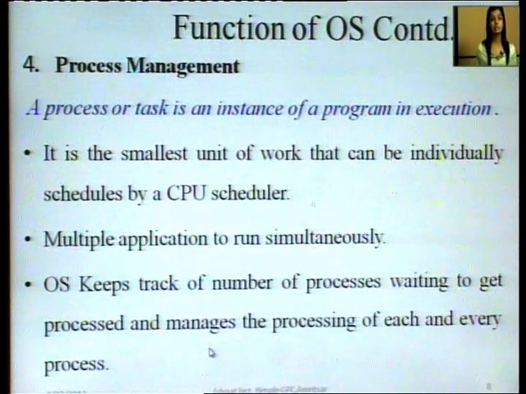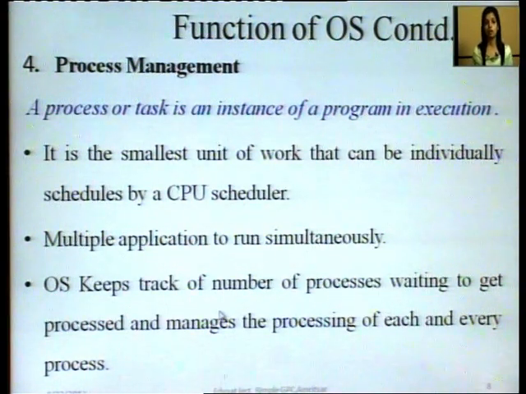If you want to execute multiple applications at the same time, we can do it through process management. Otherwise we can't execute multiple applications; only a single user would be able to use a single operating system.